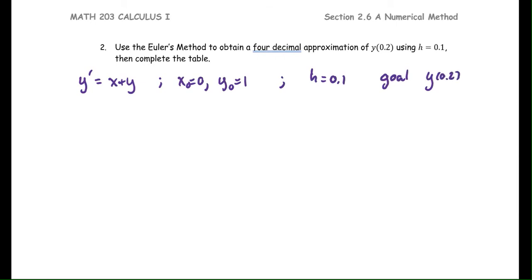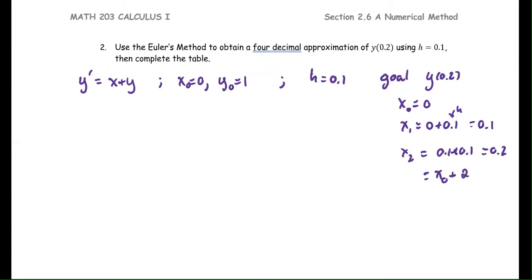As you see, if x0 is 0, the next one, x1, is gonna be 0 plus 0.1, because plus the h, which is the step size. The next h is 0.1, and x2 is gonna be 0.1 plus another 0.1, or 0.2. Or another way we can say we use x0 plus 2 times h, which is 0.2.